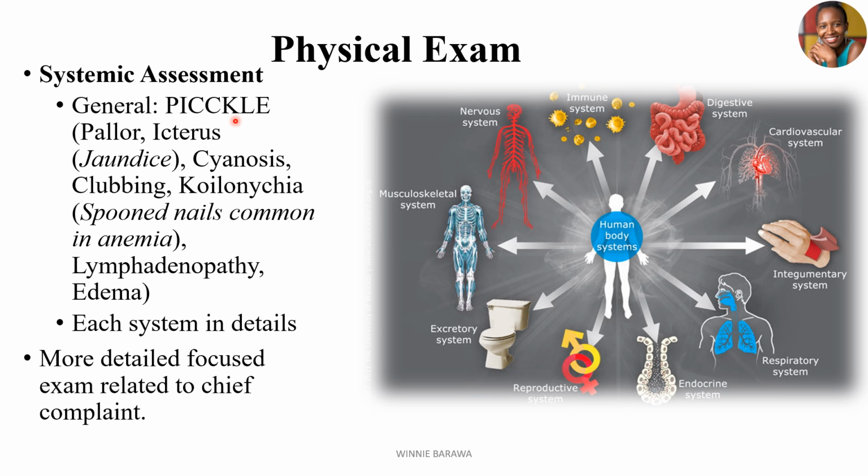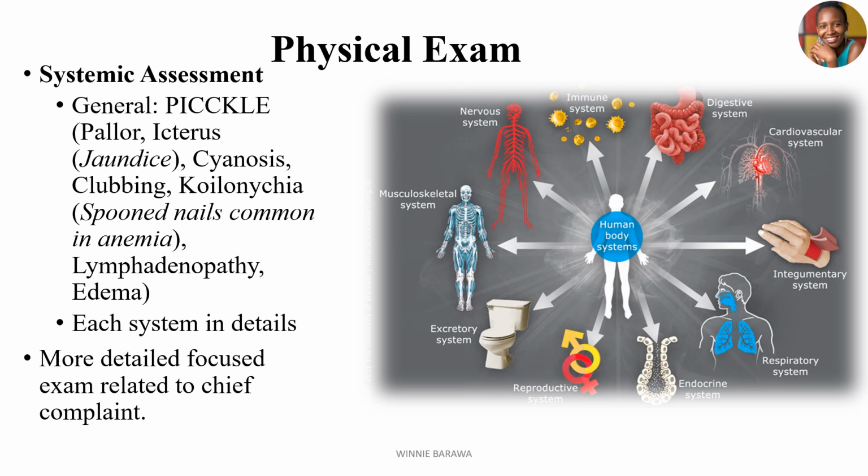So just to remind us on the systems, we have the immune system, the digestive system, cardiovascular system, integumentary system, respiratory system, the endocrine system, reproductive system, excretory system, musculoskeletal system, the nervous system.